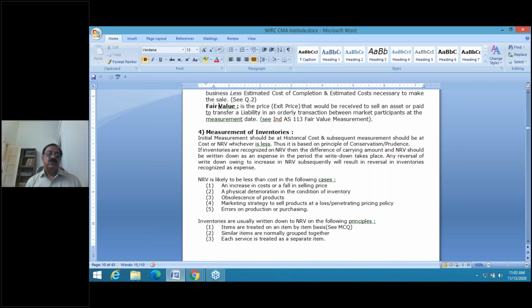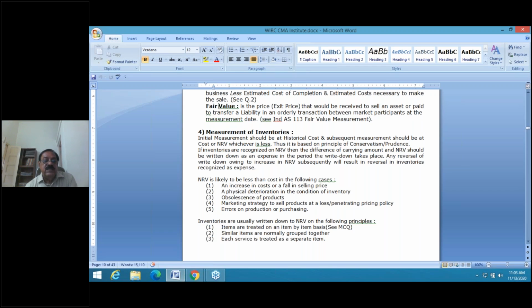Any reversal of write-down owing to a subsequent increase in NRV will result in a reversal, recognized as a reduction in expense. So if subsequently you can sell at a higher price, suppose 16,000 instead of 15,750, minus 1,000, that is 15,000, so that loss will be reversed in the next year.